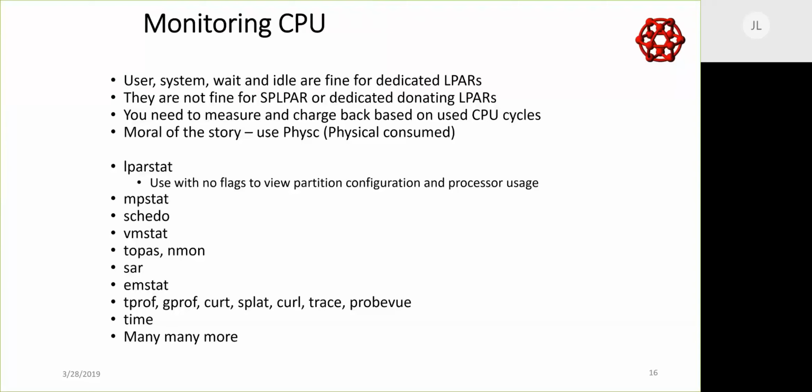You're now running it on a newer architecture, and things like the alignment boundaries have changed, or some of the instructions no longer exist, so they have to be emulated. So if you're running emstat and you see things in there, that is going to affect your performance, and it can affect both CPU and I/O performance. tprof, gprof, all of those are different kinds of traces for tracing applications, and there are many, many more commands that you can use for monitoring CPU.